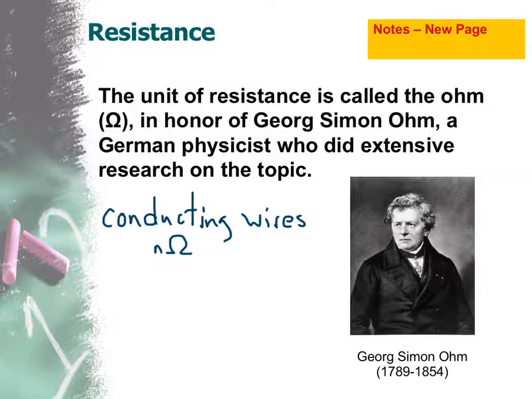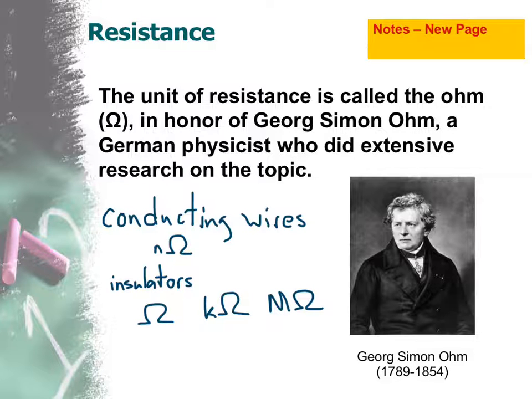And usually insulators, sometimes you actually want an insulator in a circuit. Usually that will have ohms or kilo ohms, and sometimes with very large currents you can even have resistors that are mega ohms.